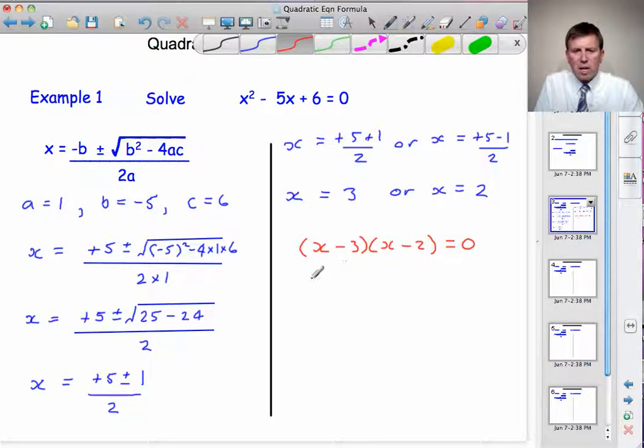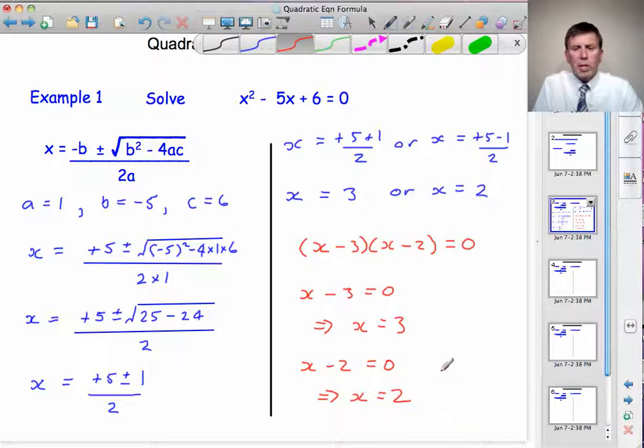And we can get the answers by setting each bracket equal to 0 in turn. If x minus 3 is 0, then that implies that x equals 3. And if x minus 2 is 0, that implies that x equals 2. So we get the same answers whether we solve the equation by factorising or by using the formula.